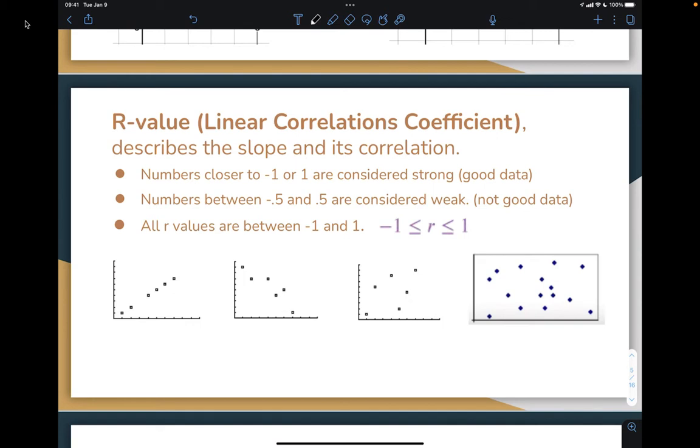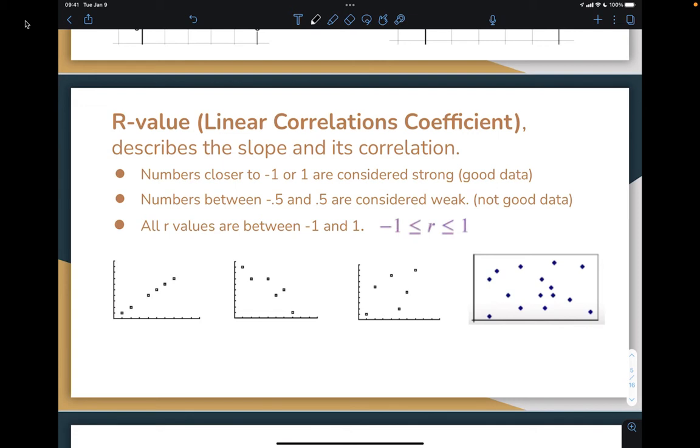If it's +1 or close to +1, it's good data with a positive slope. Numbers between -0.5 and 0.5 are considered weak or not very good data. 0 is considered no correlation at all. Notice all those values are between -1 and 1.